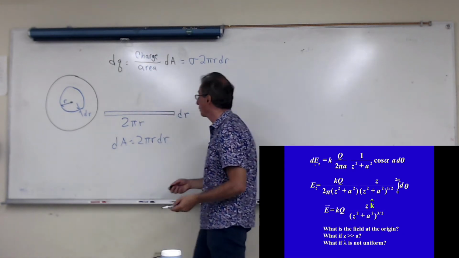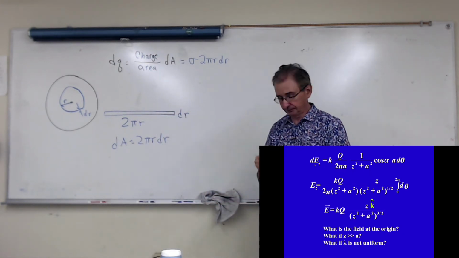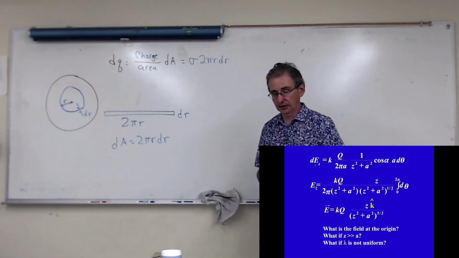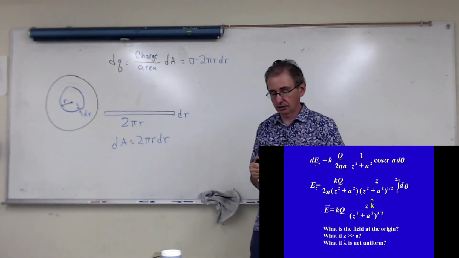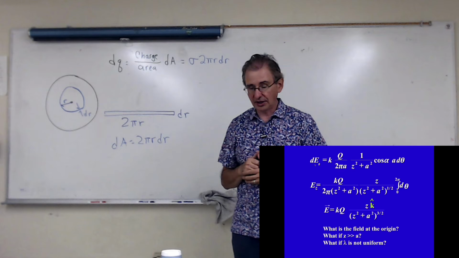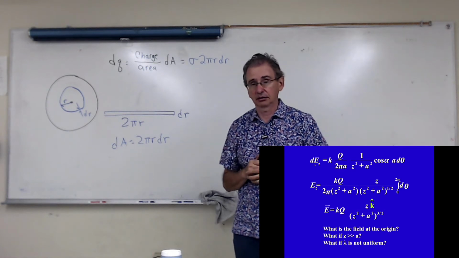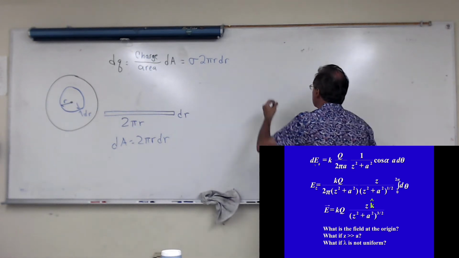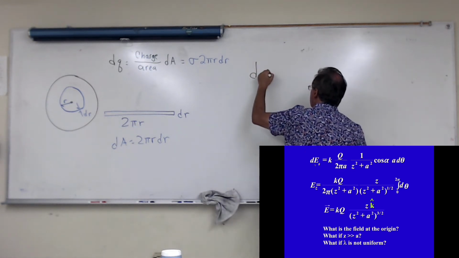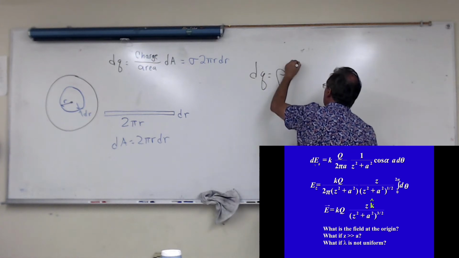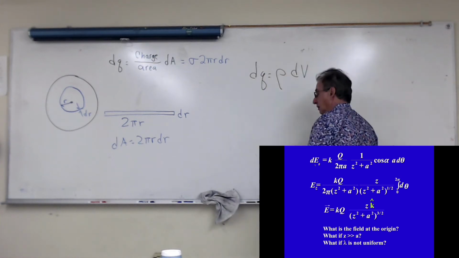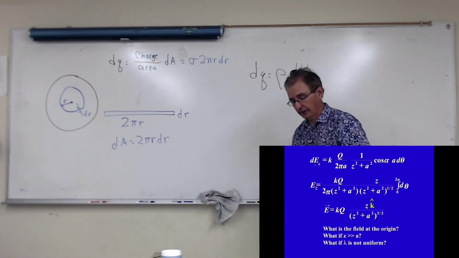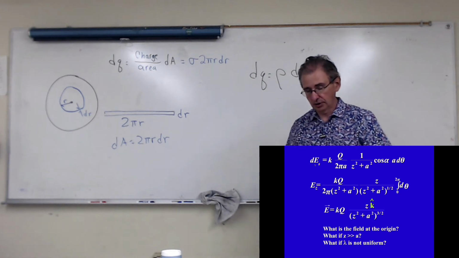Now, the other one would be a three-dimensional object like a sphere. How would I break up a sphere that's uniformly charged, or its density depends on r? Well, first of all, the dq would be the charge per unit volume, rho, times dv. So if I have a sphere, how do I break up the sphere? Well, think of an onion.